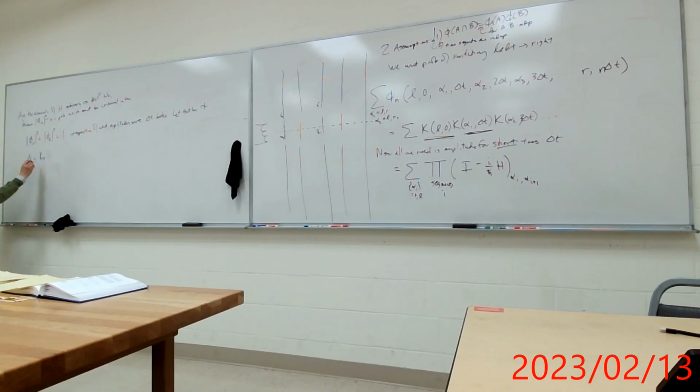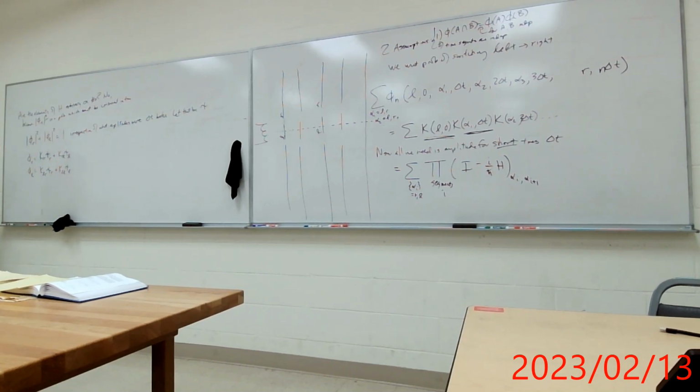So phi r is K_RR psi r plus K_RL psi l. That's the amplitude to be on the right in terms of the amplitudes to be on the right and left one instant before, one delta t before. And phi l has to equal K_LR psi r plus K_LL psi l.